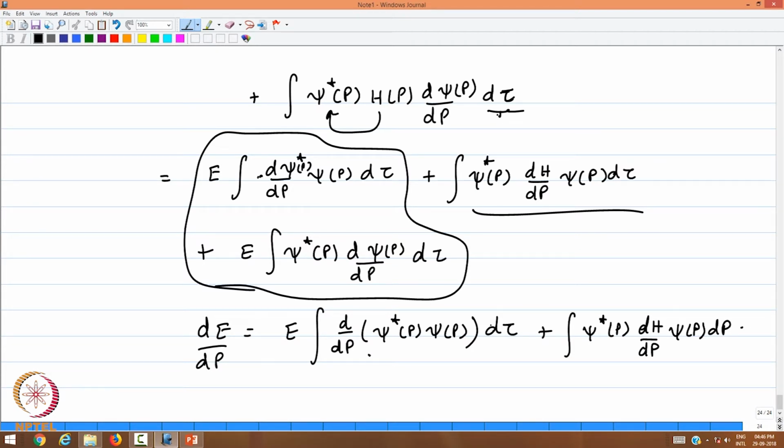P is a parameter that is not controlled by the integral, therefore this is nothing other than E d by dP of the entire integral psi star psi d tau.